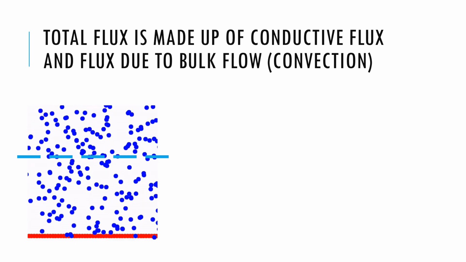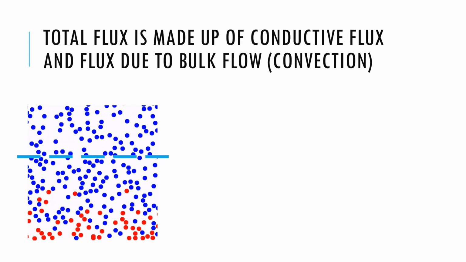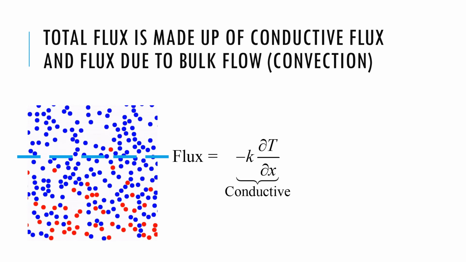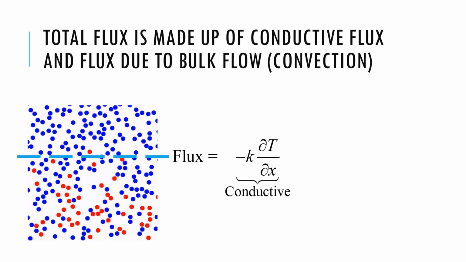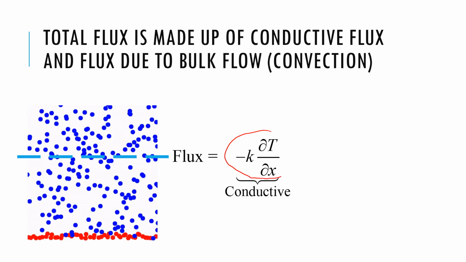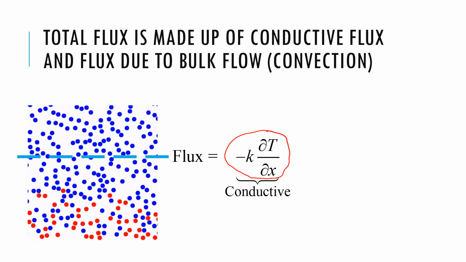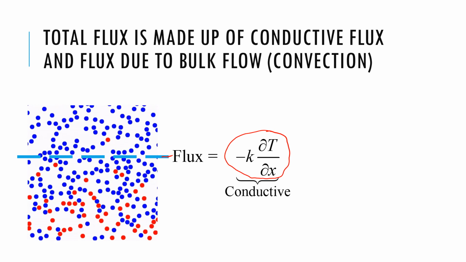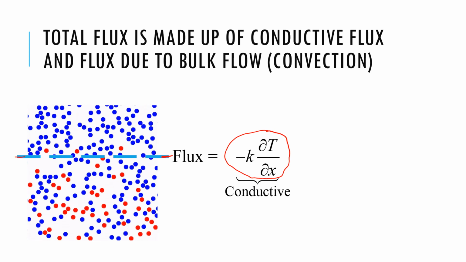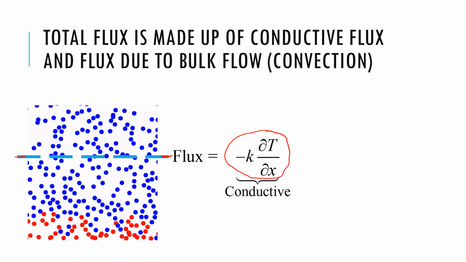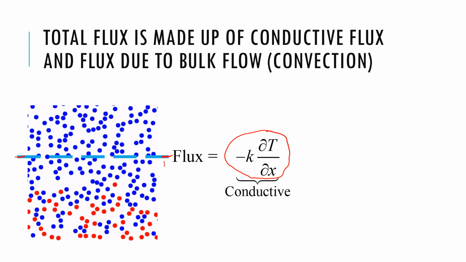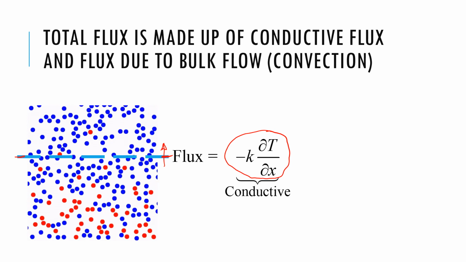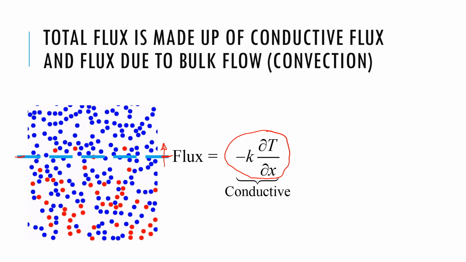So there's heat conduction when they're touching, and that heat flux is the conductive heat flux given by Fourier's law, minus k del T del x. If we think of this imaginary line, like this blue line here, then heat crossing this line in this direction by conduction alone would be given by this term.